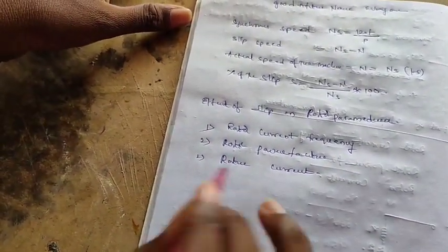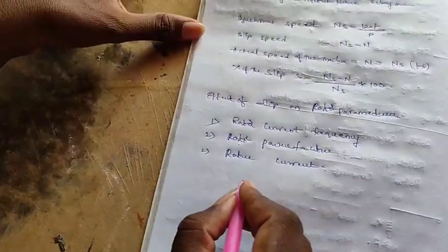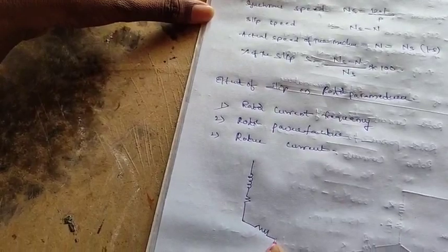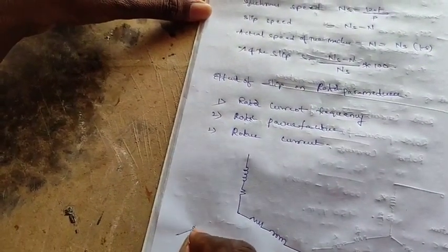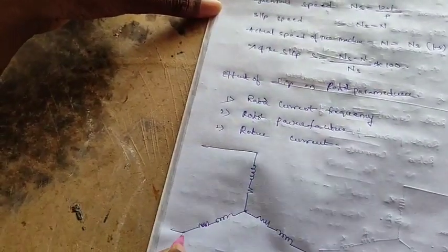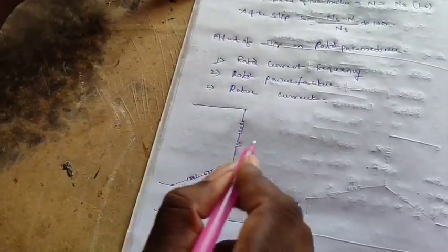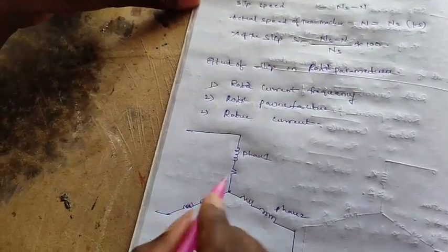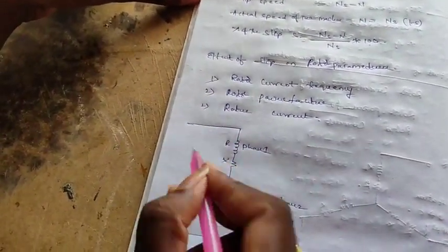So we go to the symbolic representation. The stator of the induction motor is like that. Suppose this is phase 1, this is phase 2, phase 3. So resistance of the stator, reactance of the stator, resistance, reactance, resistance, reactance.